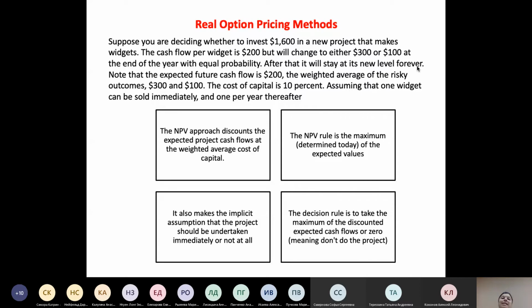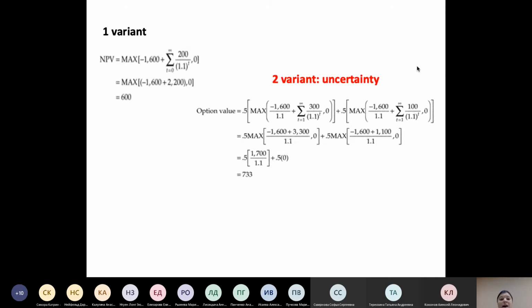Now, let's calculate the net present value of the first scenario, of starting our investment activities now, or the second variant, the net present value of starting our investment activities in 1 year. And let's compare our results.